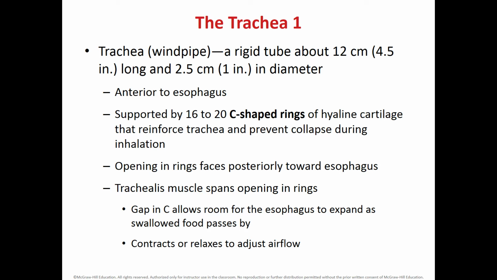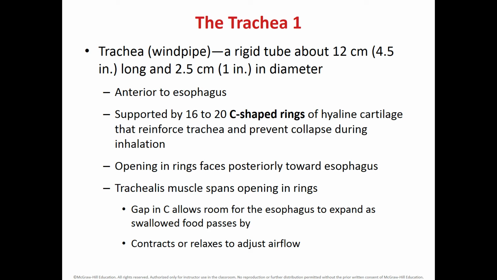And these C-shaped rings are open posteriorly towards the esophagus and are separated from the esophagus by this muscle that we call the trachealis muscle. And the trachea is located anterior to the esophagus, and when the esophagus is passing food, it allows this trachealis muscle to expand anteriorly, preventing the food from getting stuck in the esophagus.